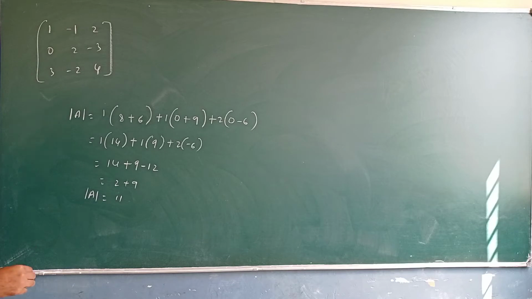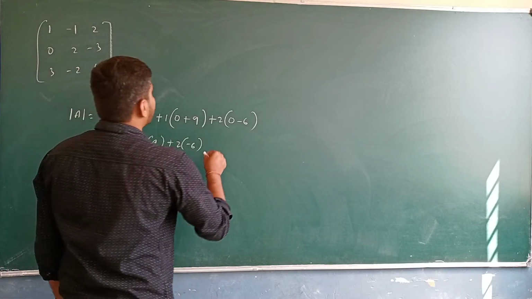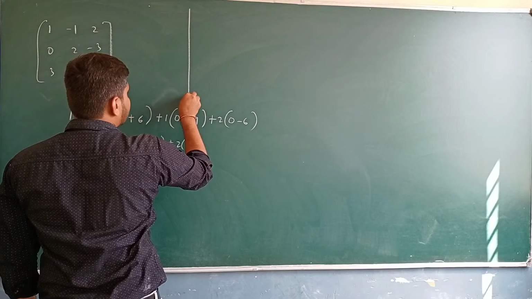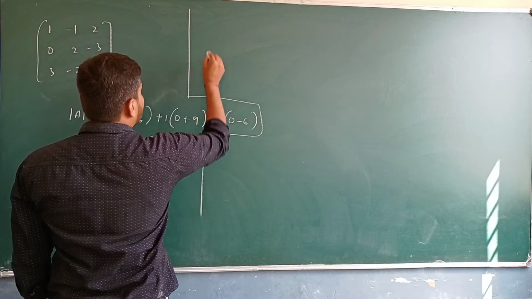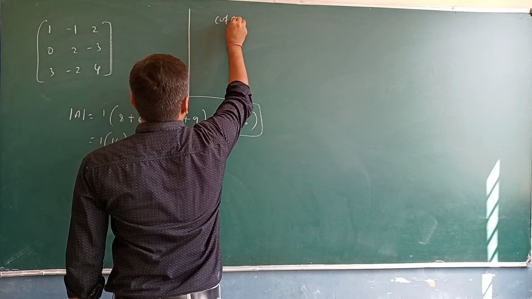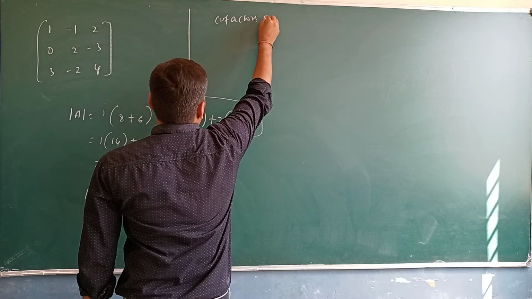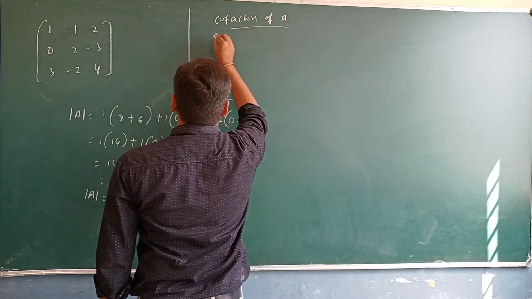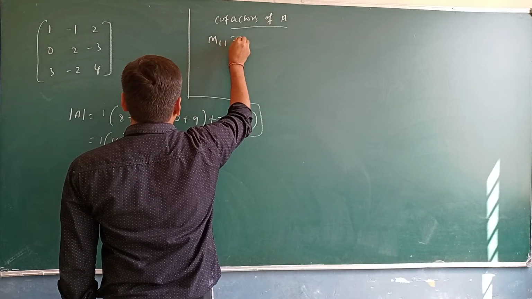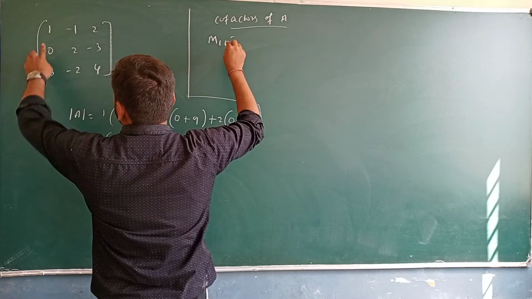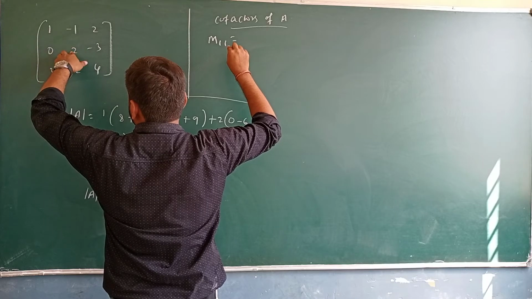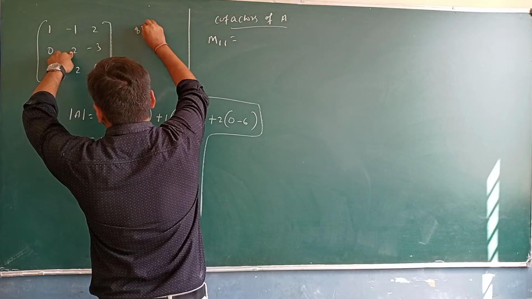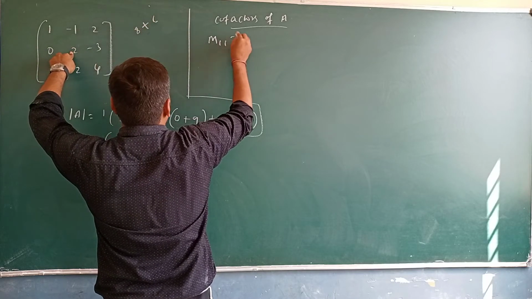So then we need to find the cofactors of A. That's going to be M11. M11 is 8 plus 6, that's going to be 14.